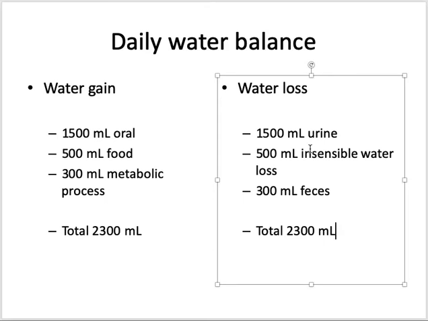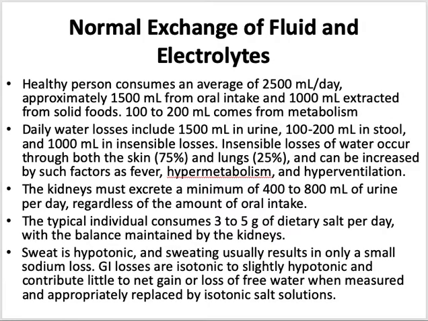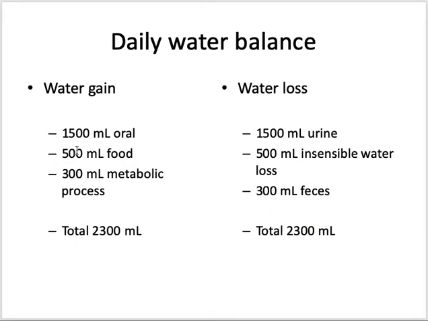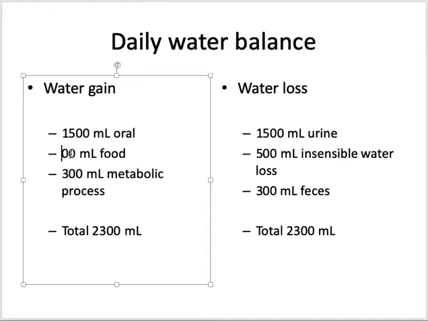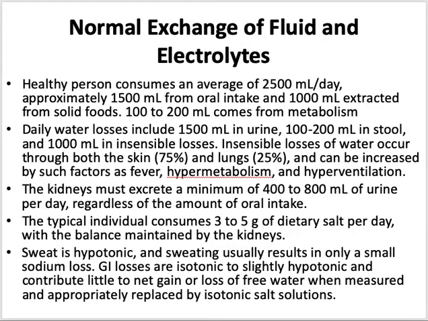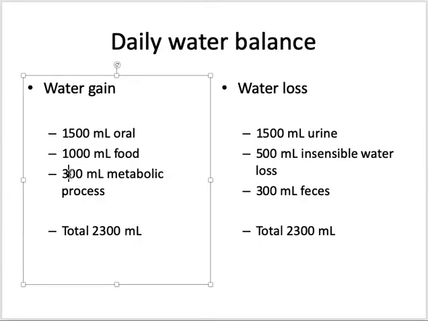You can see over here, a healthy person consumes an average of 2500 ml per day. Approximately 1500 is from oral intake, 1000 extracted from solid foods, and 100 to 200 ml from metabolism. If you want to fix this, you can adjust it this way, and make it 200.